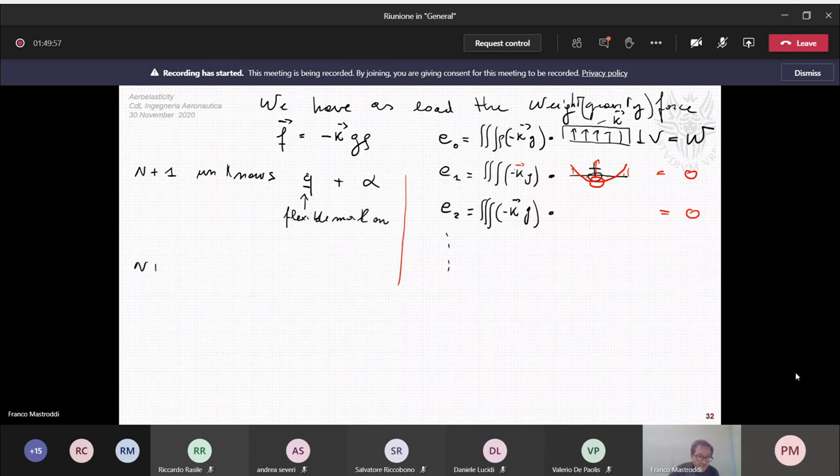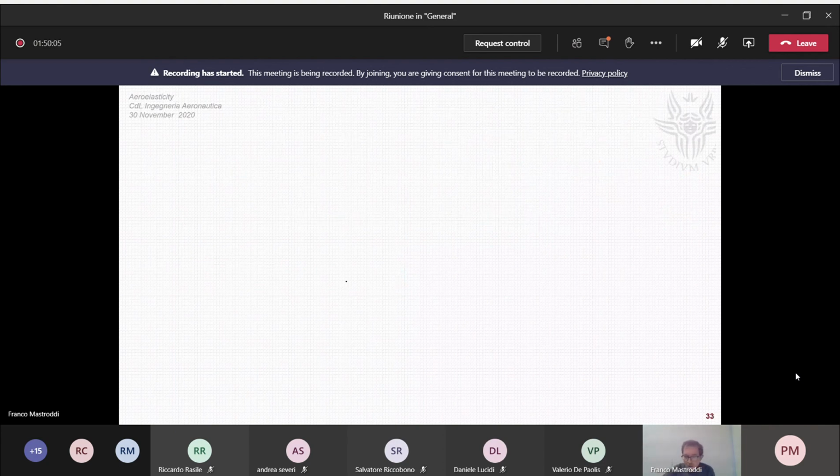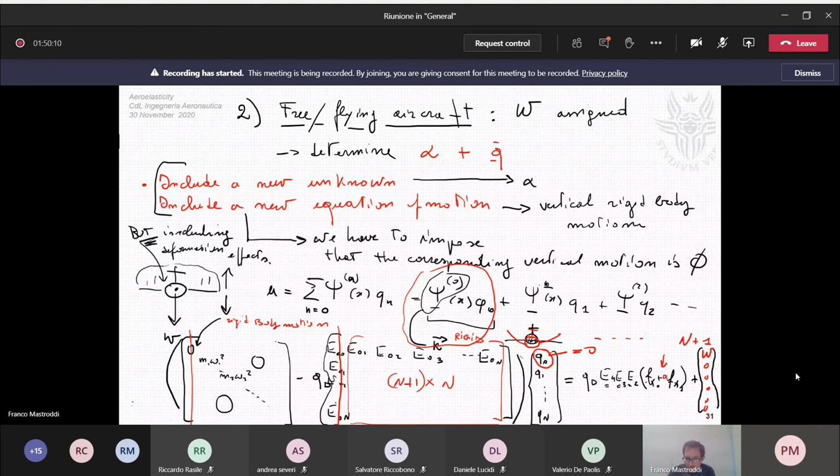And we have n+1 equations of motion, which are exactly these presented here. Okay, I want to invite you to see the first equation of motion, the equation of motion associated to the rigid body motion.